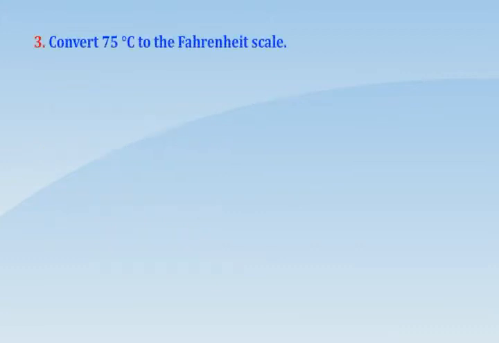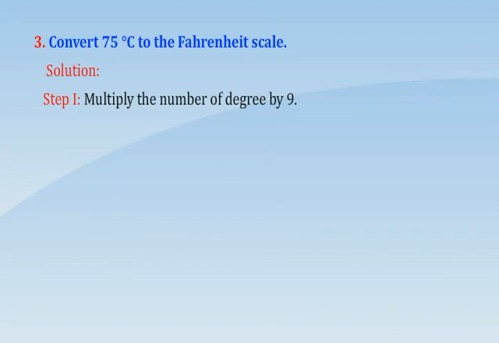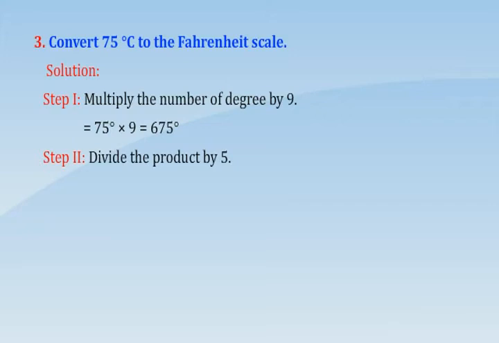Convert 75 degrees Celsius to the Fahrenheit scale. Solution. Step 1. Multiply the number of degrees by 9. 75 degrees into 9 is equal to 675 degrees. Step 2. Divide the product by 5. 675 degrees divided by 5 is equal to 135 degrees.